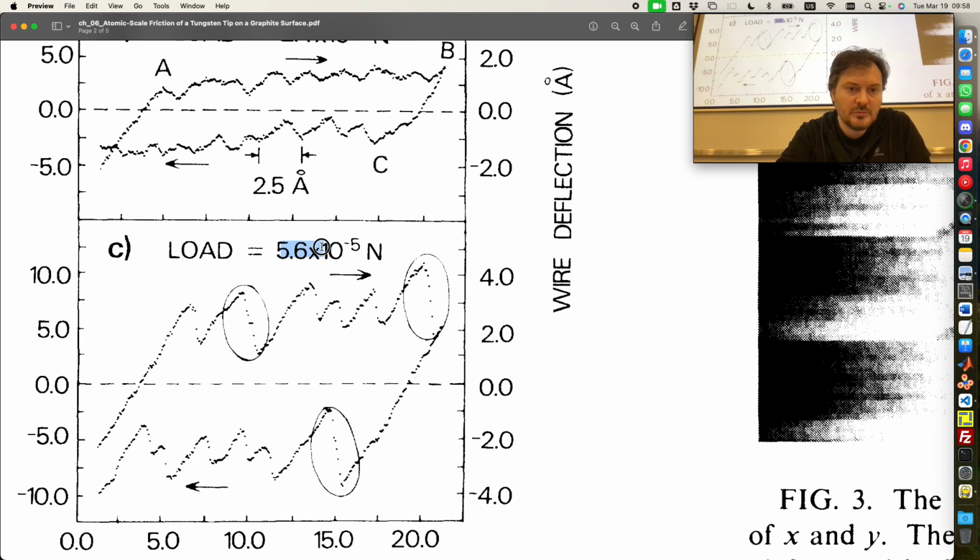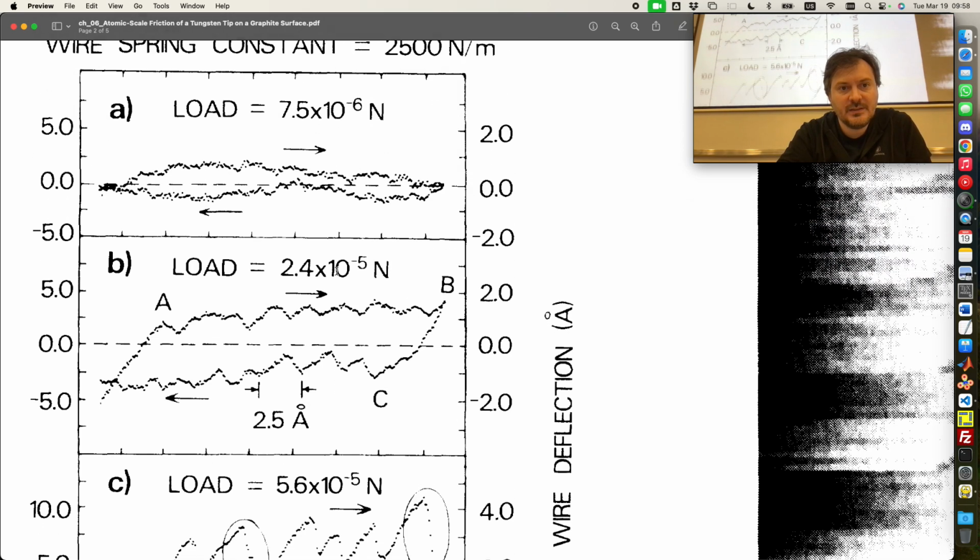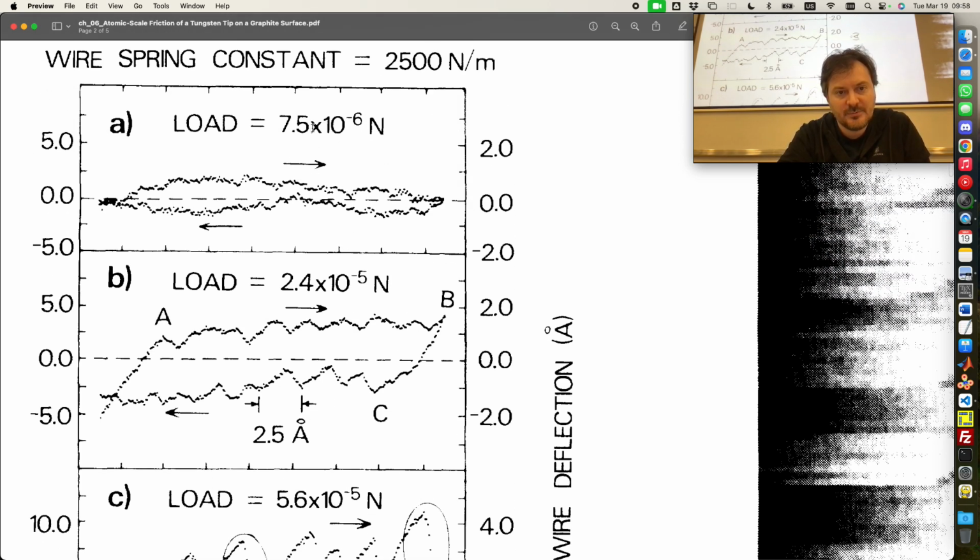I don't know what you get when you have it in pascals. It's probably gigapascals range of stuff. But you can see that if you don't put that much pressure, this is 10 times less, right? So then you are in superlubric regime, sort of, because the corrugation is much smoother.